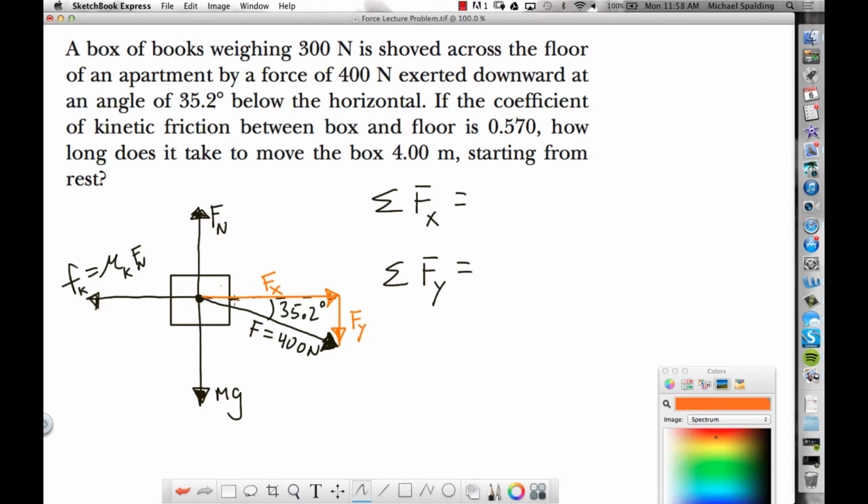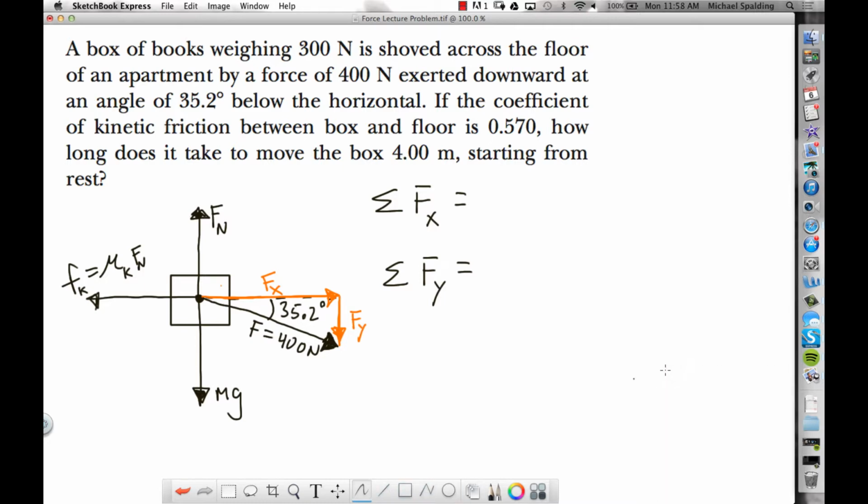Look at this, guys: this red arrow represents the X component of the 400, and this red arrow represents the Y component of the 400 Newton force. How do you find the X and the Y components? By using trig, sine and cosine. Now, let's see, sign conventions. Before we go any further, I'm just going to put the sign convention here just so we're all super clear.